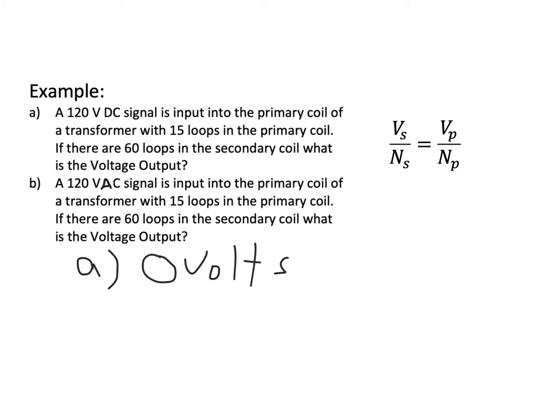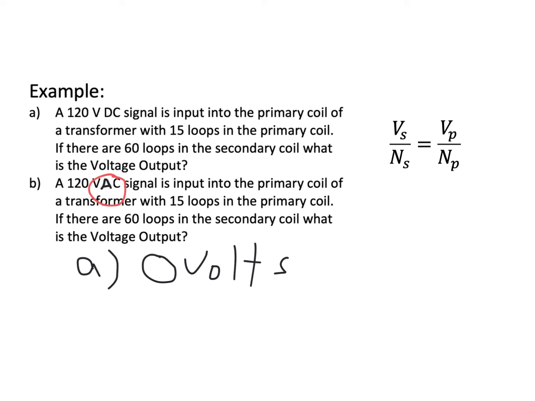And I just noticed that in my part B, I had DC listed there as well, and I just changed it to AC. So part B was supposed to read, a 120 volt AC signal is input into the primary coil of a transformer with 15 loops in the primary coil. If there are 60 loops in the secondary coil, what is the voltage output?